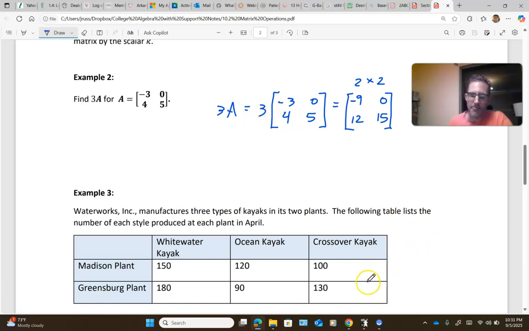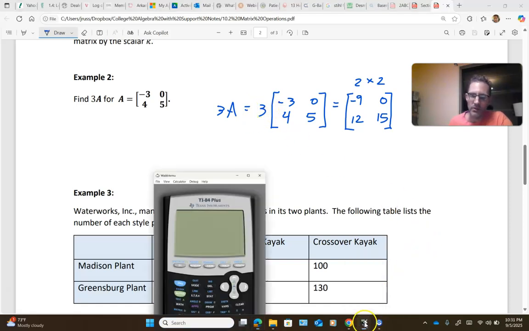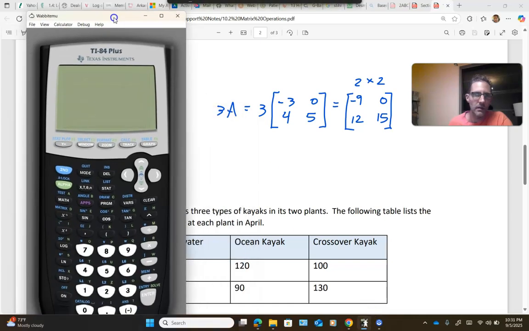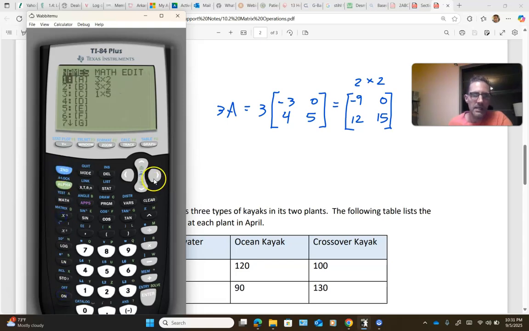It doesn't matter. If you want to do this in your calculator, I'll show you real quick. Go to the matrix key. Guys, I'm going to go over here to edit. I'm going to let this one be matrix C. It's a 2 by 2, and the entries are -3, 0, 4, and 5.